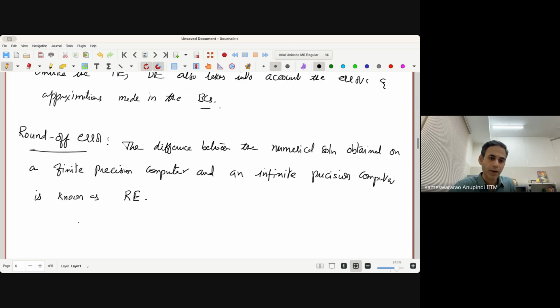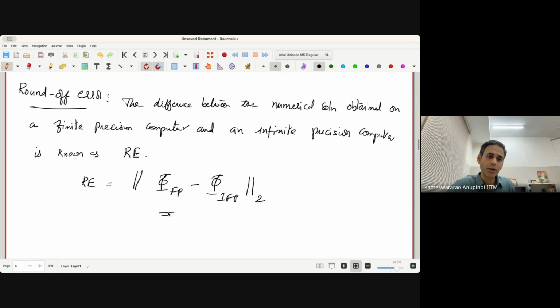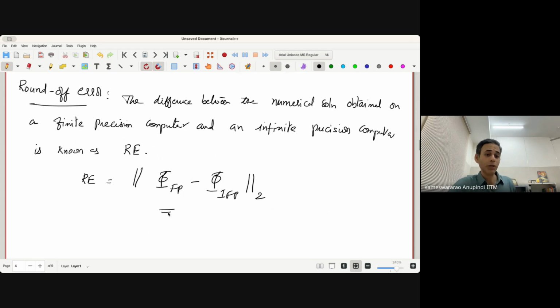That means if I were to define round-off error, it's going to be some norm between capital phi of the finite precision computer, that means whatever we solve on our computer, versus whatever it would be if you were solving it on an infinite precision computer. Okay, that is known as the round-off error. This is some norm.